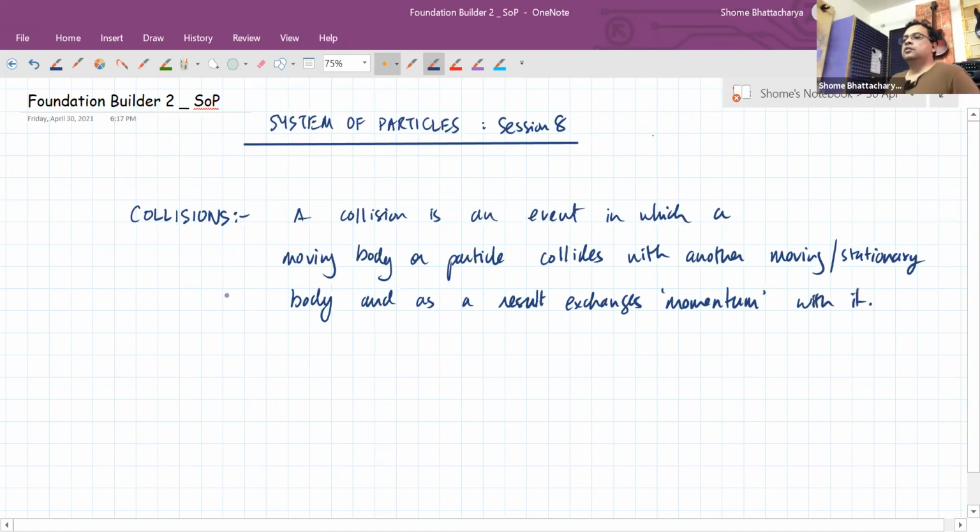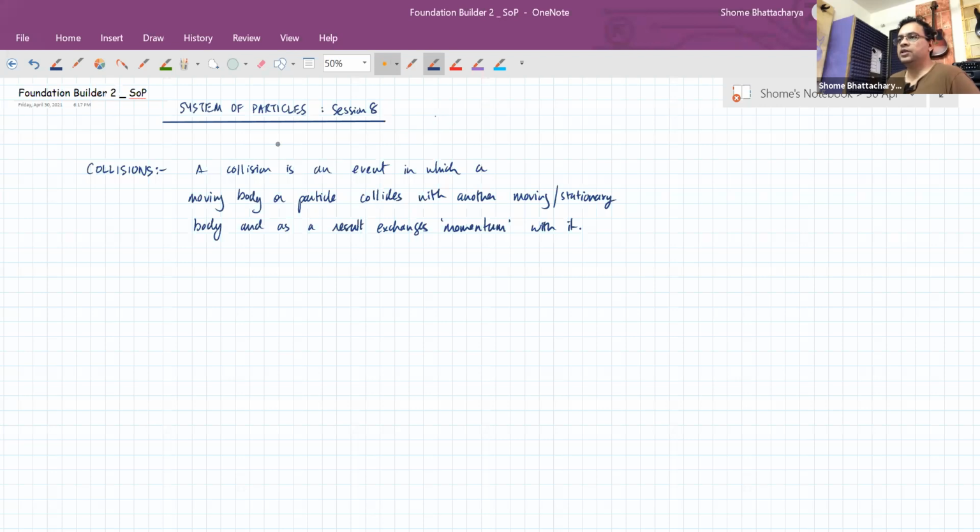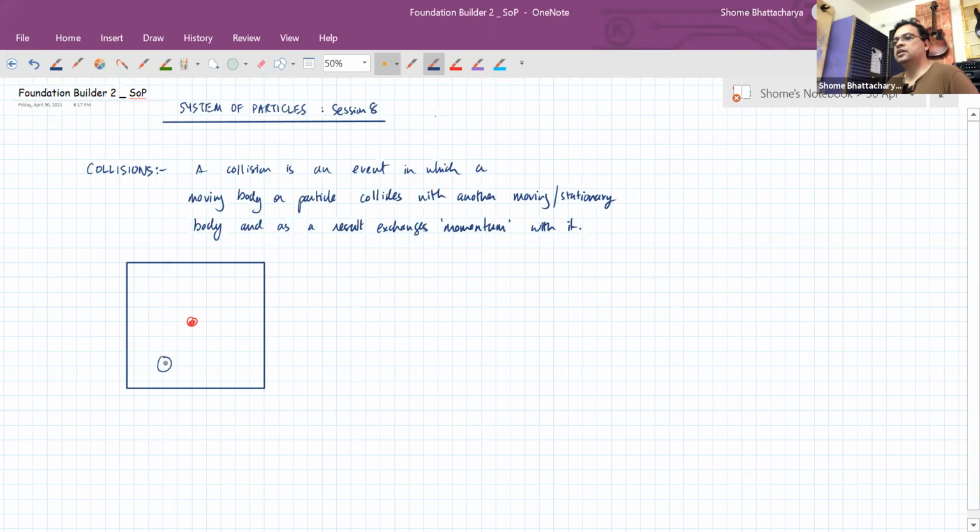A good example of collision in everyday life is various sorts of board games that you play, like carom or snooker or billiards, etc. Those are examples of collisions that you see in typical everyday situations. Like you can have a carom coin like this, and you can have the striker which is struck at it like this.